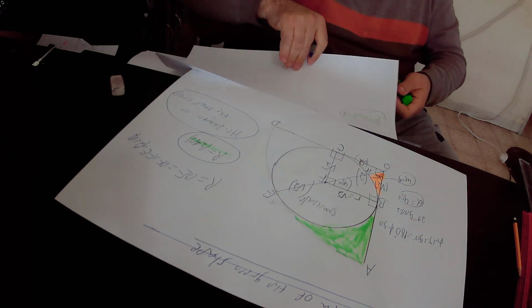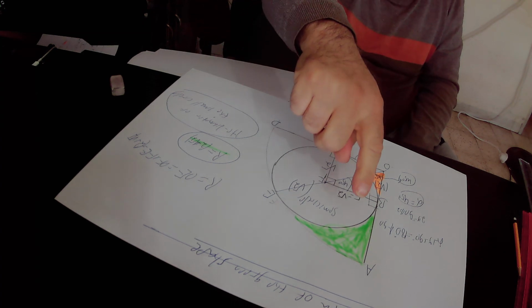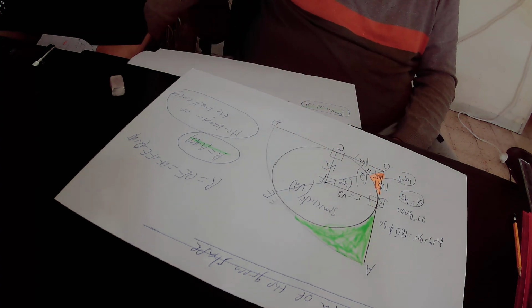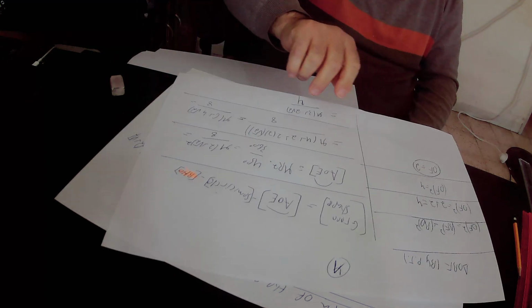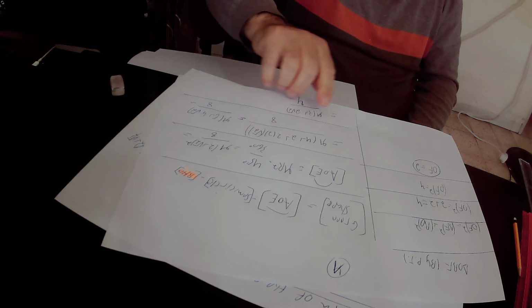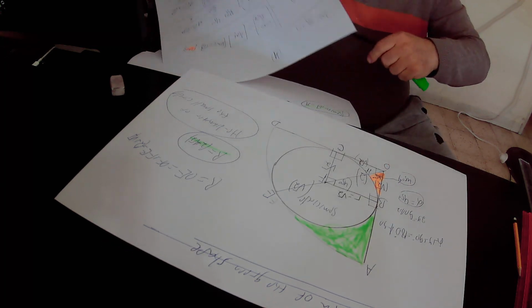And we have to subtract from the area of the big sector AOE also the area of the orange shape BHO. The area of this orange shape BHO.